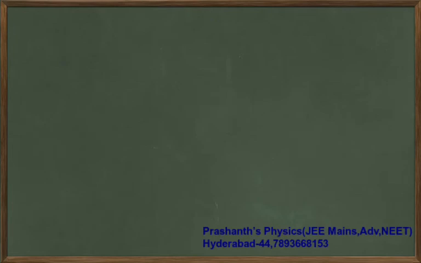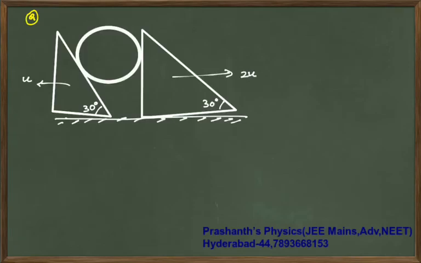Your next thing is, you will have different questions. Let us add a slight complication into this. The question is like this: a sphere is in contact with two edges.